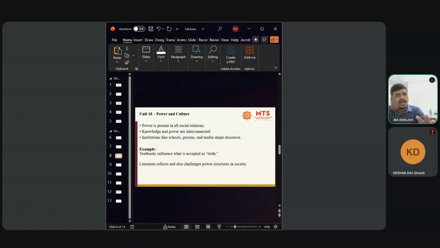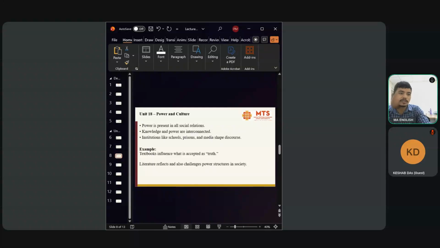The central idea we need to understand from Foucault is this: power is not simply something that a government or ruler possesses and uses to control people from above. Power is present in all social relations, everywhere, at all levels.